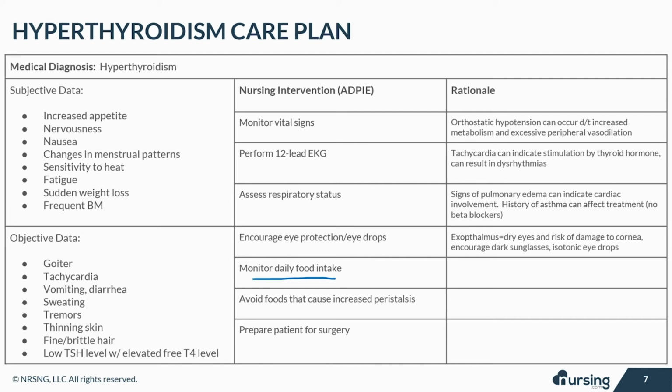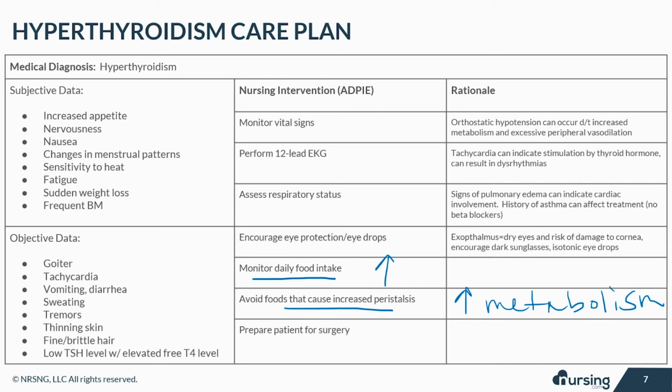Even though your patient may have increased metabolism and food intake, weight is still often lost. Continued weight loss with therapy can indicate ineffective treatment. Teach your patient to avoid foods that cause loose stools and peristalsis, as increased metabolism also increases intestinal motility, which can lead to diarrhea and impairment of nutrient absorption.